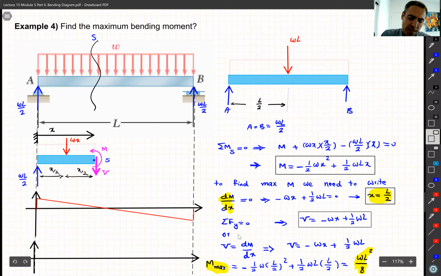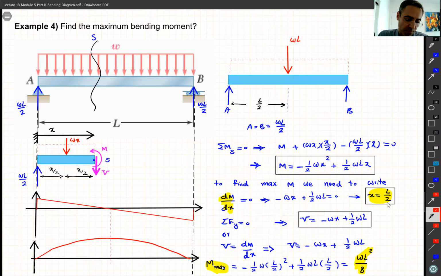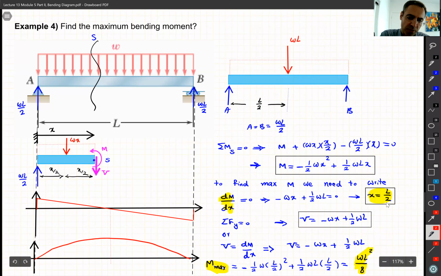And M is a second order polynomial. So second order polynomial also with the knowledge that in the middle, M is maximum because V is 0 in the middle, right? And also we found that in the middle, x equals L divided by 2, M is basically maximum. So this is our V and M diagram.